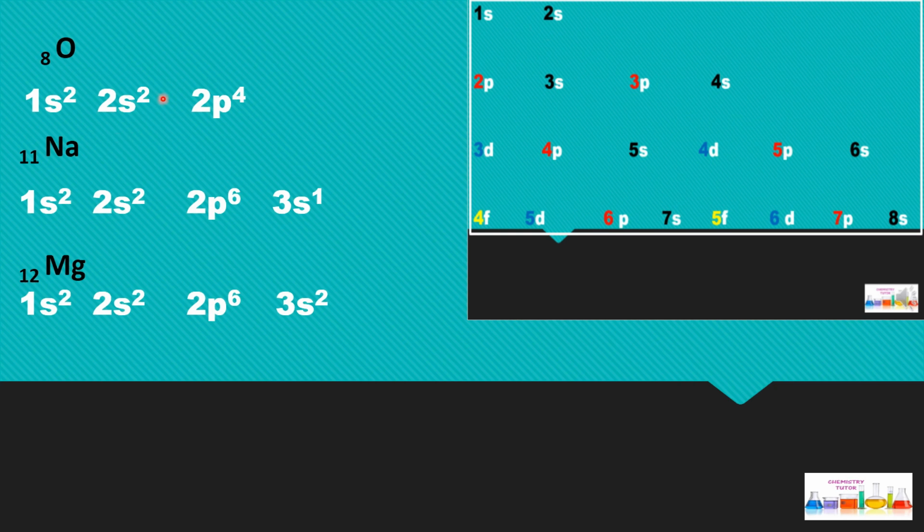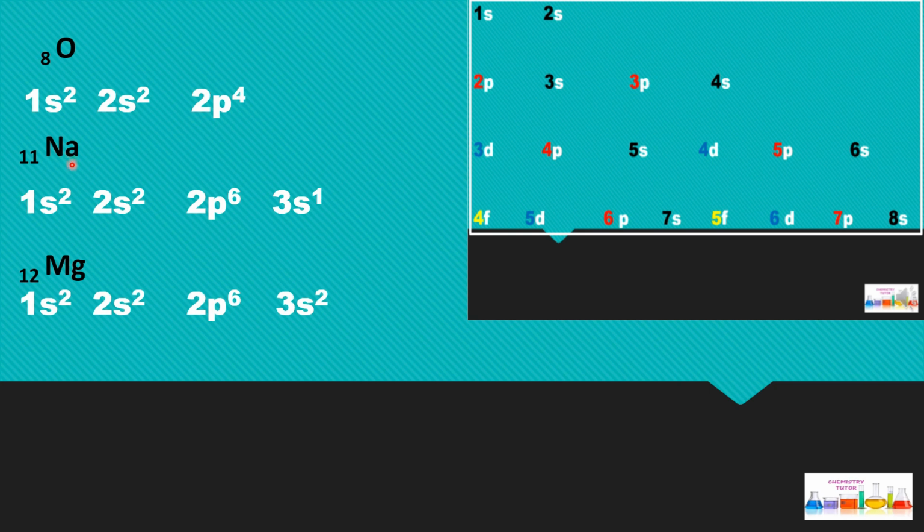So 2s2, again 2 electrons we will put. Now 8 minus 4, 4 are left, so the next 4 will come to the 2p. In 2p a maximum of 6 electrons can come, but here we need only 4, so we will put the remaining 4 electrons in the p subshell. In this way the 8 electrons are completed in the oxygen atom with 1s2, 2s2 and 2p4.